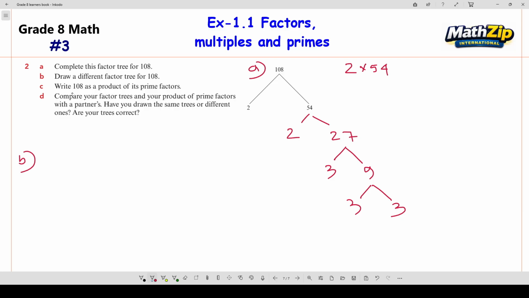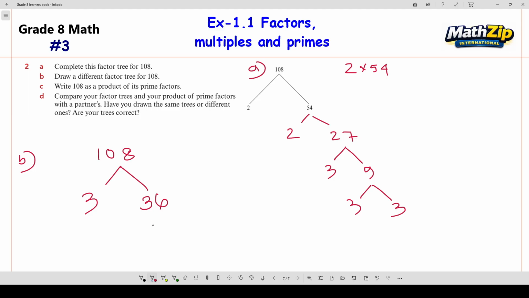Number B, draw a different factor tree for 108. So this is 108. Suppose we can divide 108 by 3, right? It will become 36, right?